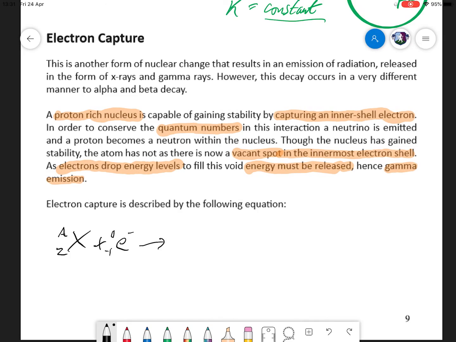And as we've added this electron on, that means our value for A will be the same, but Z will have changed. And we would also have to have a lepton to balance out the equation. The only lepton that has no charge is the neutrino, and it's an electron flavor to match the electron that we started with. So our value for A does not change, and Z will decrease by 1.